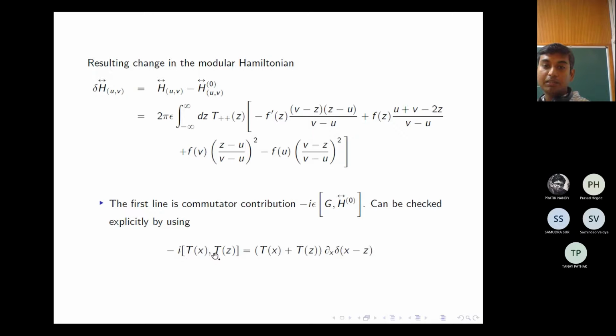You can check this explicitly using the TT commutator, because G has a T inside, and in H0's definition there is a T inside. The second line becomes 0 if f of u and f of v are 0. So if the perturbation is absent at the endpoint, that's why it is an endpoint contribution, and this is precisely the leftover part from the commutator contribution.